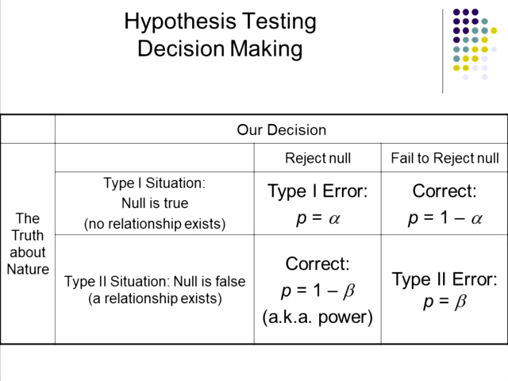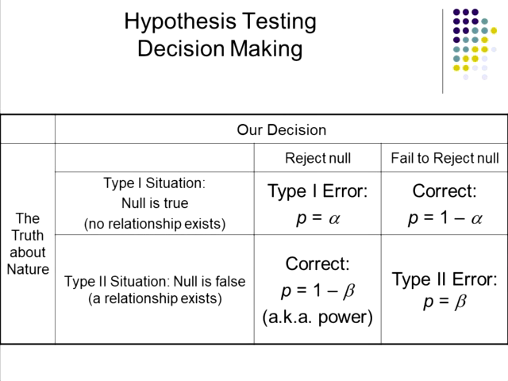As I said, type 1 errors and type 2 errors have costs. Remember, the basic cost of a type 1 error is that I've said my drug works, but the drug doesn't work, so people waste money buying a drug that doesn't work. With a type 2 error, my drug does in fact work, but I've said it does not work, and a potentially very useful medicine has been lost to the world.